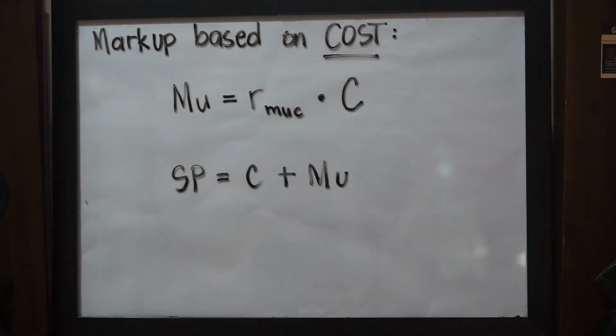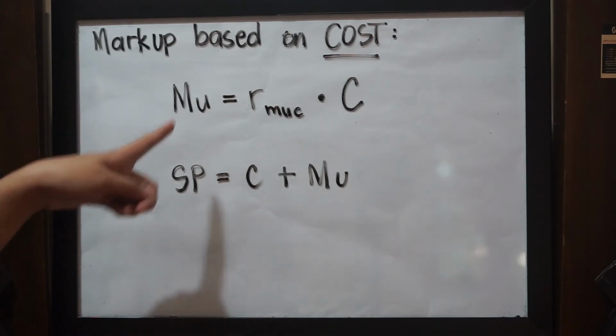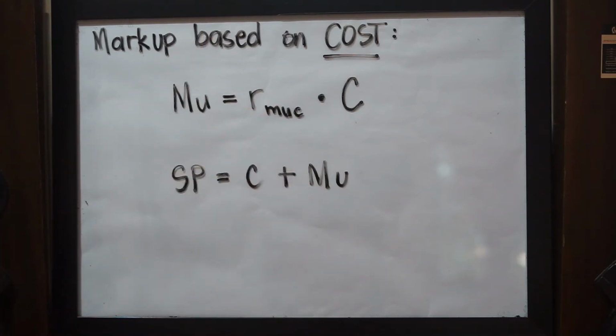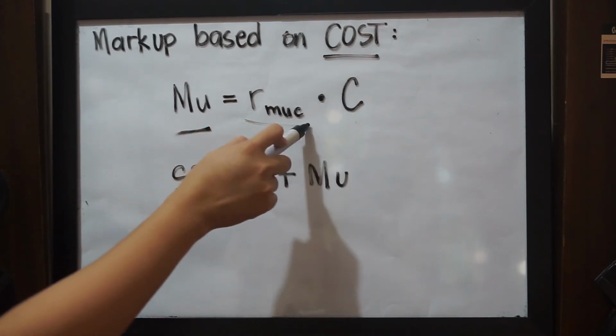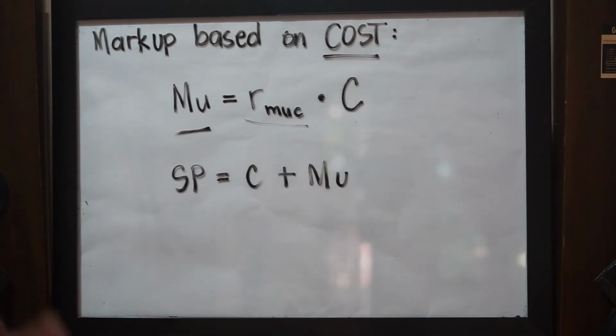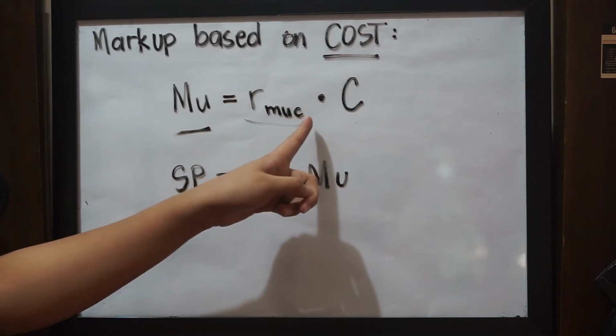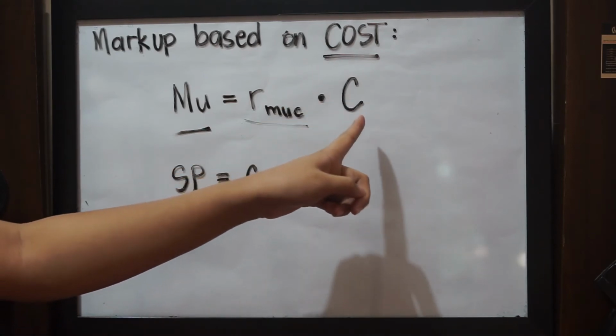The formulas that you will use in computing problems under markup based on cost. We have two main formulas: MU is equal to R sub MUC multiplied by C, where MU is your markup, R sub MUC is the rate of markup based on cost, multiplied by cost.